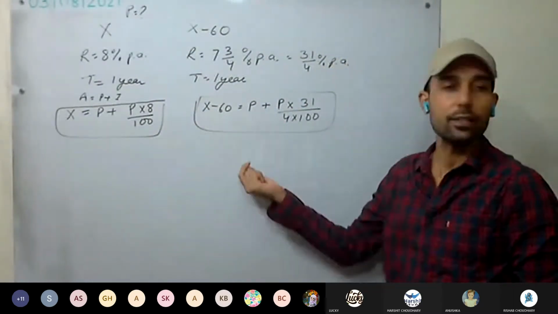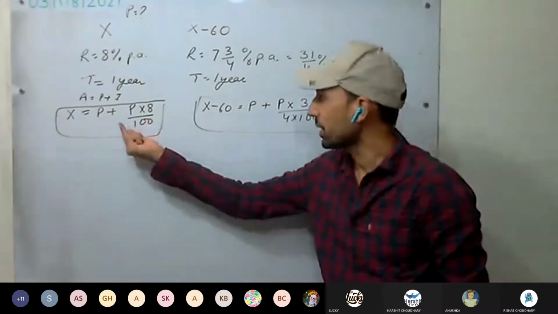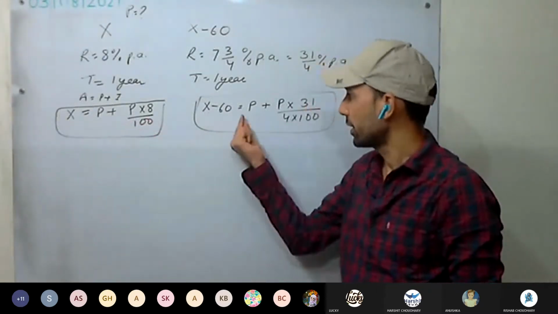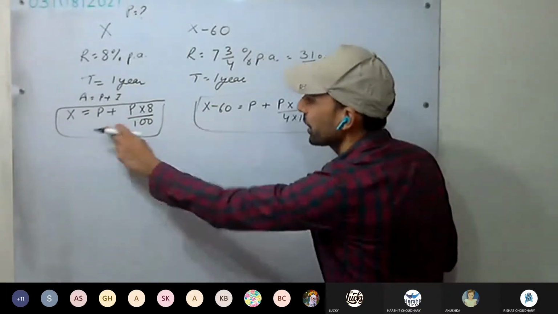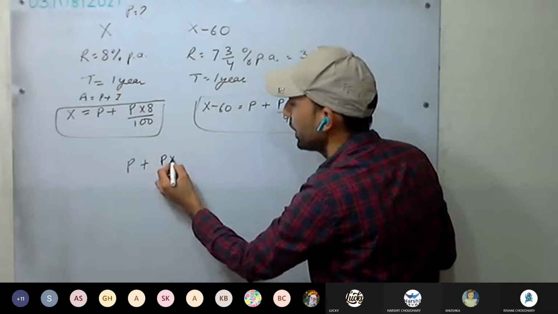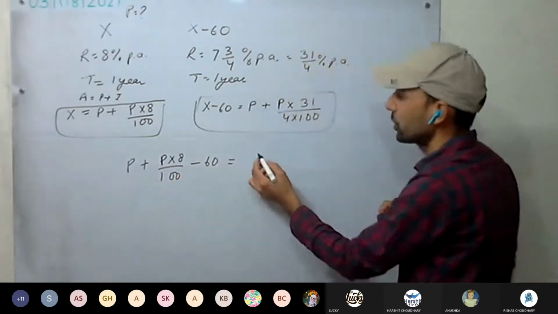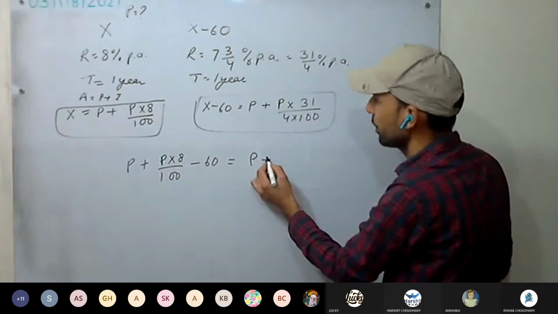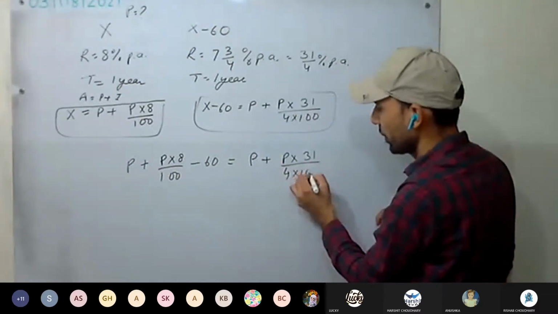Put it here and then cancel them, and you'll get it in terms of P only. Or you can subtract. Okay, we are putting x from here. So it will be P plus P into 8 divided by 100 minus 60 equal to P plus P into 31 divided by 4 into 100.